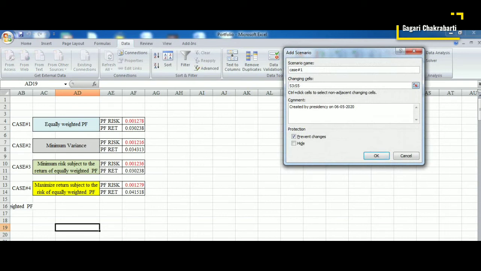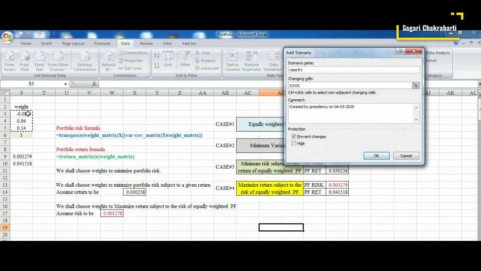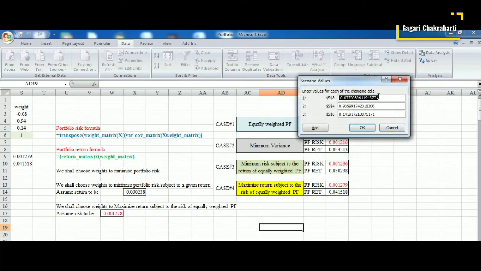So the name is case 1 and we shall be changing the weight cells. Now we are changing the values corresponding to the weight cells. Each cell will be exactly equal to 0.33. We are putting the values.